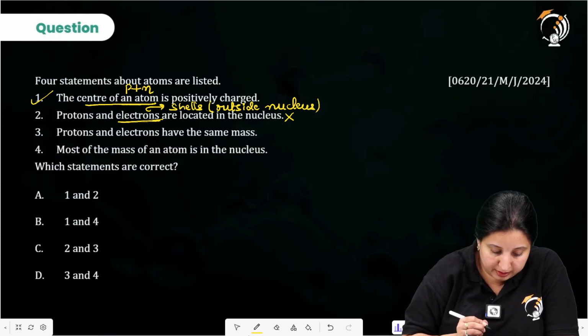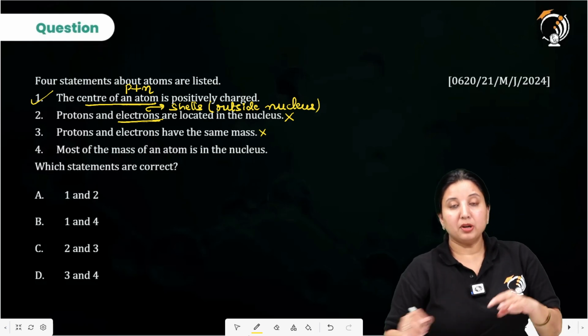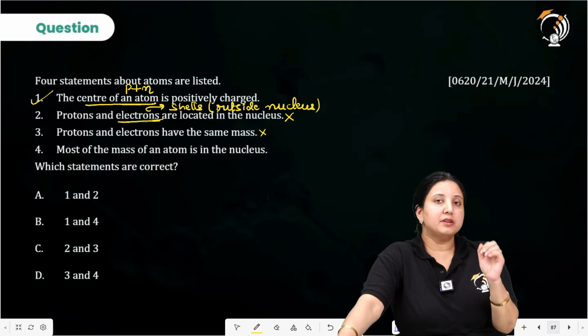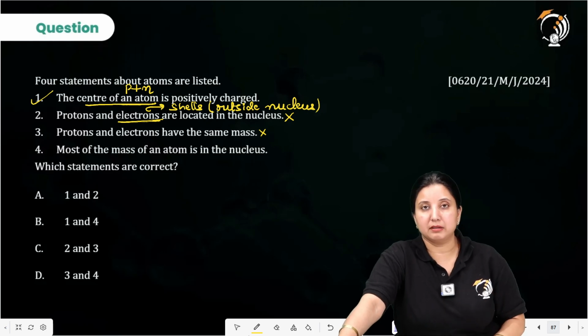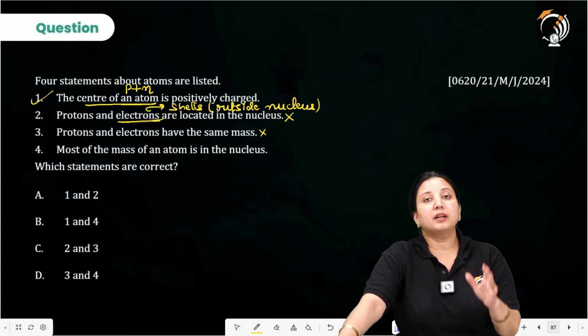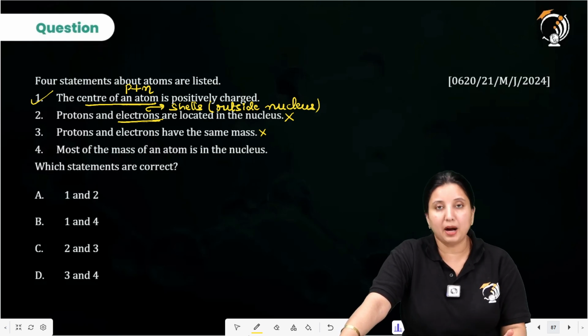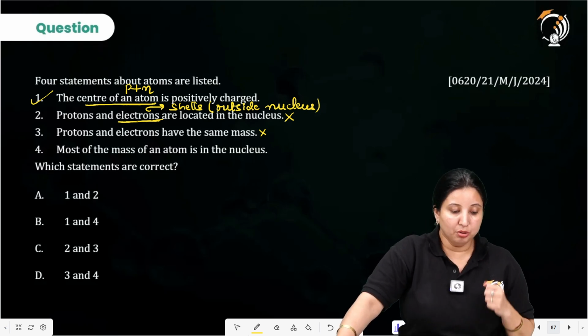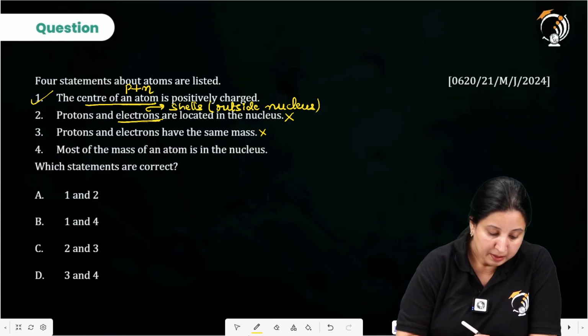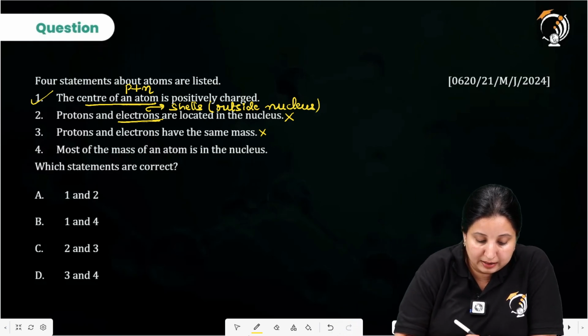Then protons and electrons have the same masses. Now look, this particular statement is also wrong. Why? Because in the starting of this session we studied the subatomic particles, and there we looked at the charge, the mass, and their location. So this is also not correct. Most of the mass of an atom is in the nucleus.